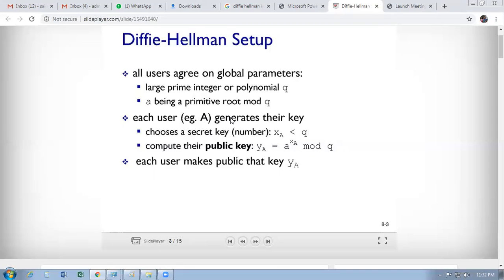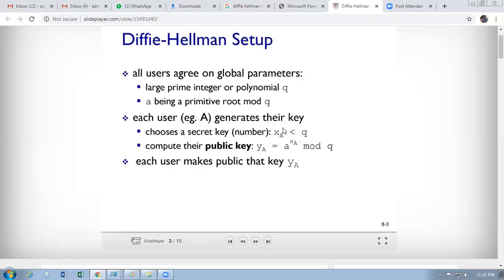User A chooses his own private key, but the condition for choosing the private key is that it should be less than the chosen prime integer q. The private key of A is termed XA. So user A can choose his own private key XA, which should be less than our chosen prime integer q.